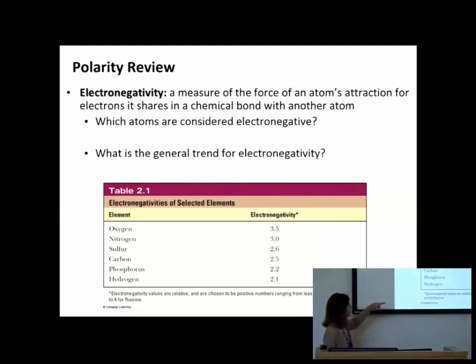So here, you're looking at the difference. Oxygen and hydrogen, what is the difference between the two? 1.4, right? So that's a pretty polar bond. If I say you get to be ionic at 1.8, the definitions change a little bit. If the difference is 0, like two nitrogens, or maybe a sulfur and a carbon together where the difference is very little, then it's a pure covalent.